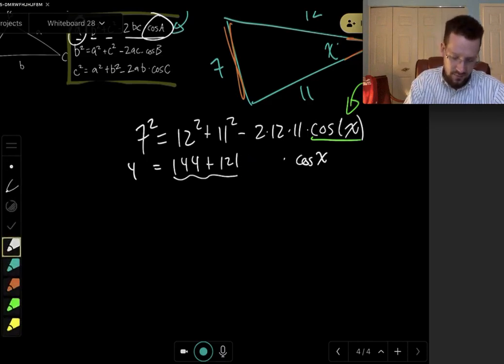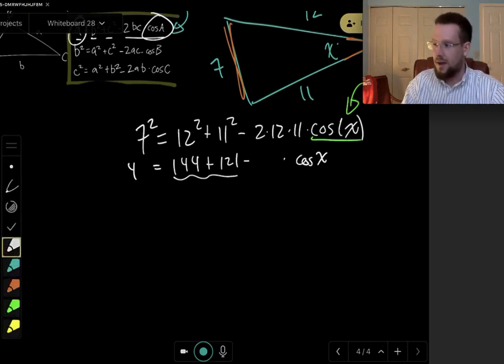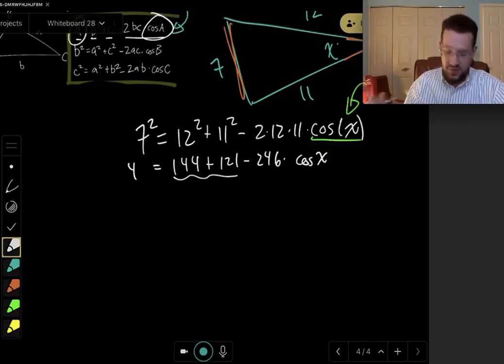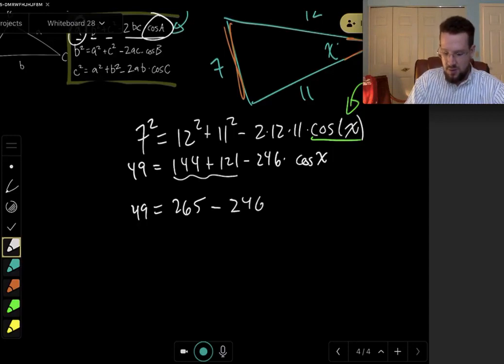I was looking at the wrong one. Okay, so again, same thing here, 49. These two together, this is 265 minus 246 cosine of x.